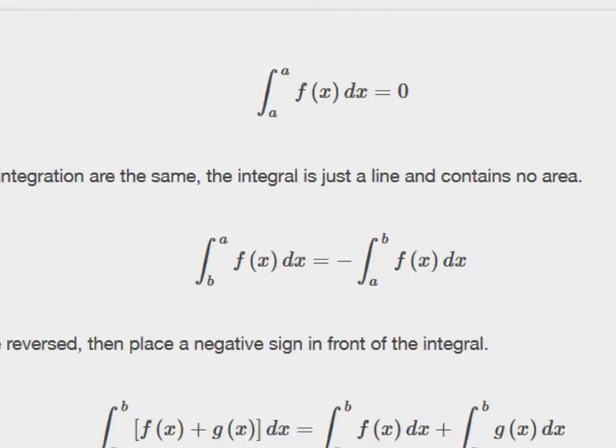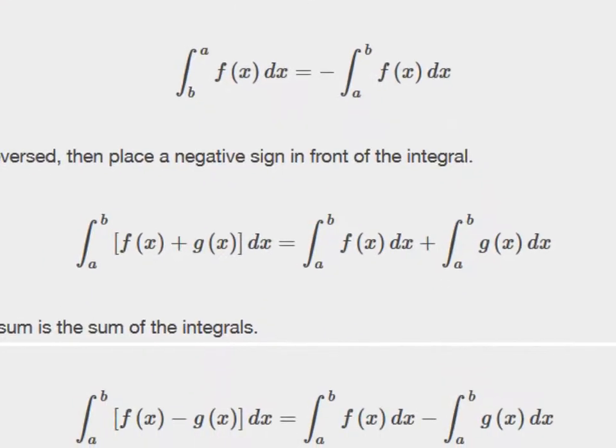If I change my limits of integration from a to b to b to a, I can do that. There's going to be times where you're going to want to do that, but it does give you a negative. So make sure that you put a negative on that integral. I can, and this is going to be more important next quarter than this quarter, break this apart.